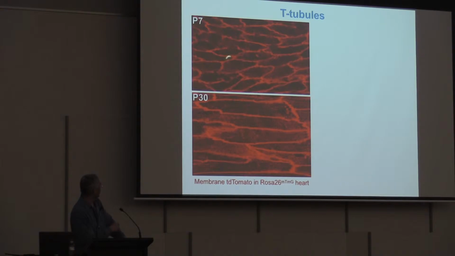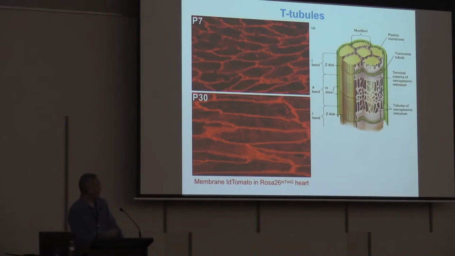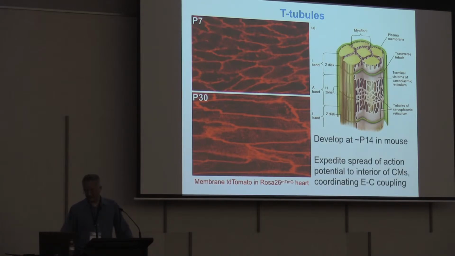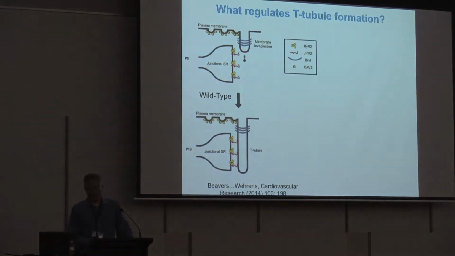T-tubules are invaginations of the plasma membrane in cardiomyocytes that you see at about P14 in mice. These invaginations are important to help synchronize the excitation-contraction coupling across myocytes because they're so large. Again, this is a hallmark of a mature myocyte.